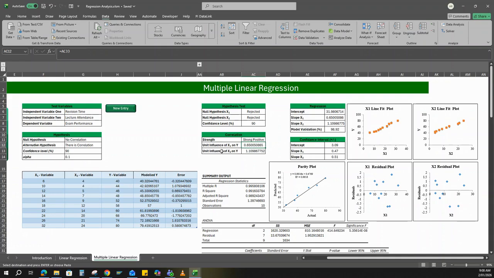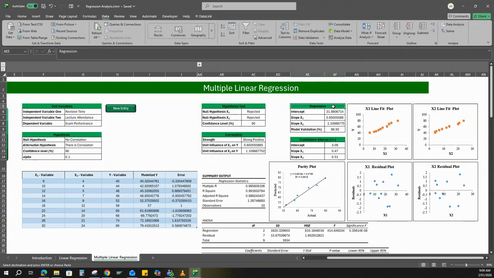The same explanation applies to independent variable 2. Lecture attendance influences around 1.1 units of the exam performance. For every change in exam performance, lecture attendance influences around 1.1 units. That's what these values represent.